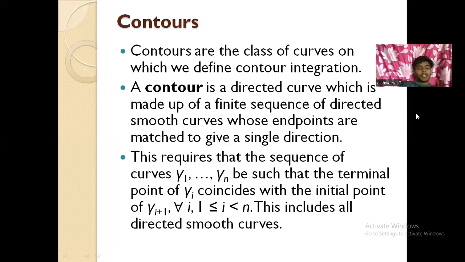This requires a sequence of curves y1, y2, y3 and so on up to yn. Besides that, the terminal point of yi coincides with the initial point of yi plus 1, where i is greater than or equal to 1 and less than n, and this includes all directed smooth curves.